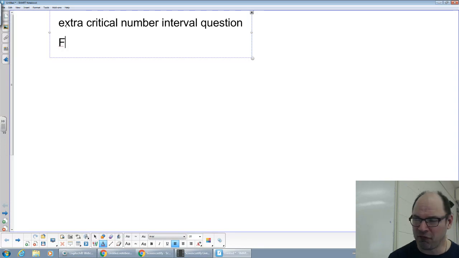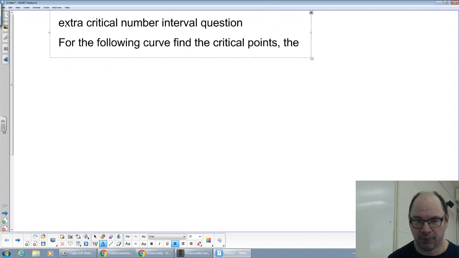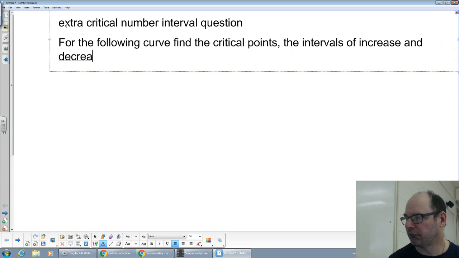For the following curve, find the critical points, the intervals of increase and decrease, and the max and min value.